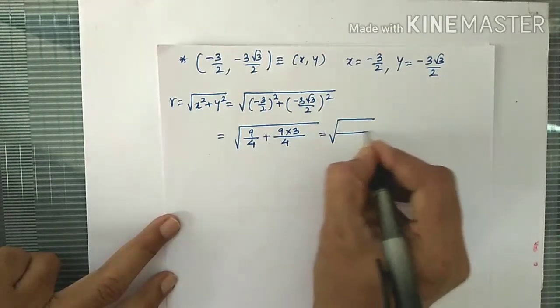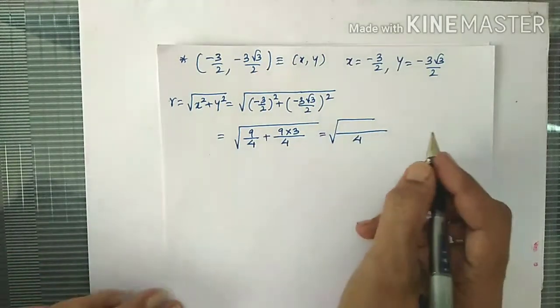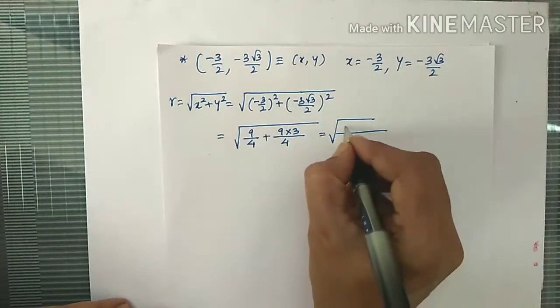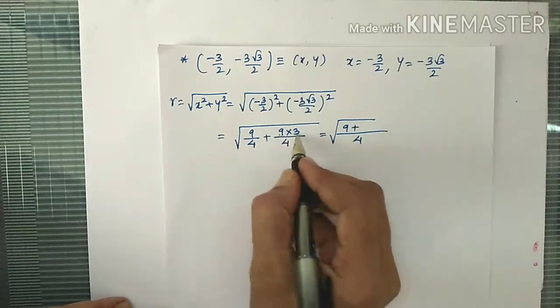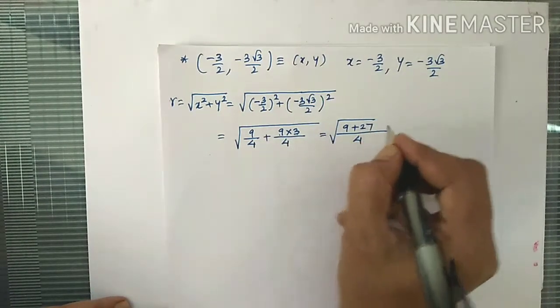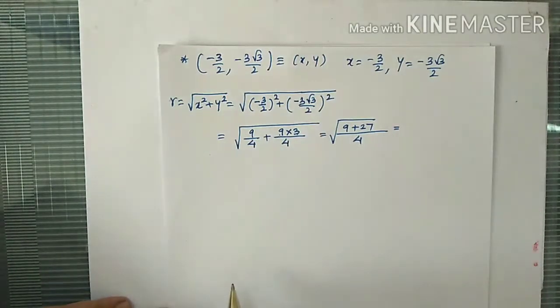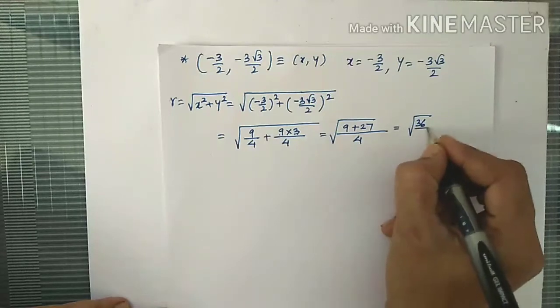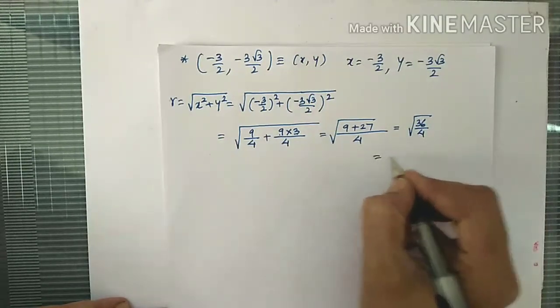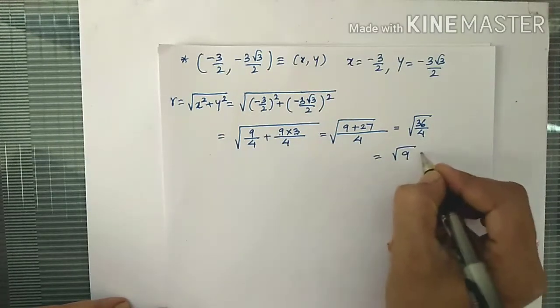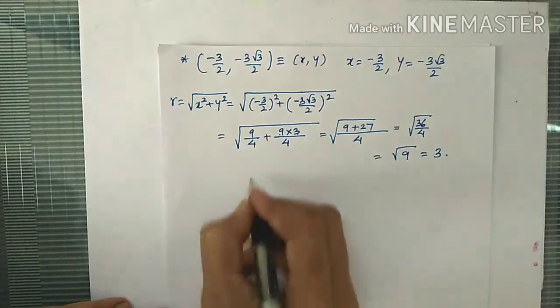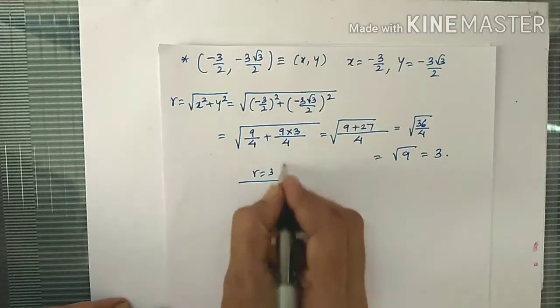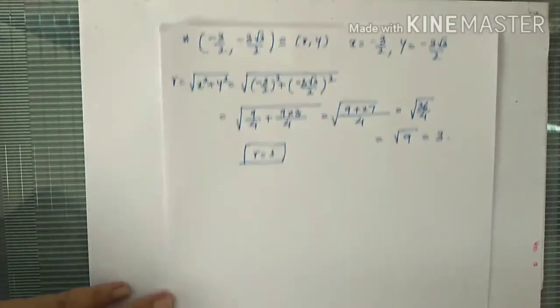So that is divided by 4, denominator is same. So let's add the numerator. 9 plus 9 into 3 is 27. So 27 plus 9, root 36 upon 4. 36 by 4 is 9, root 9 is 3. So we have r equal to 3.